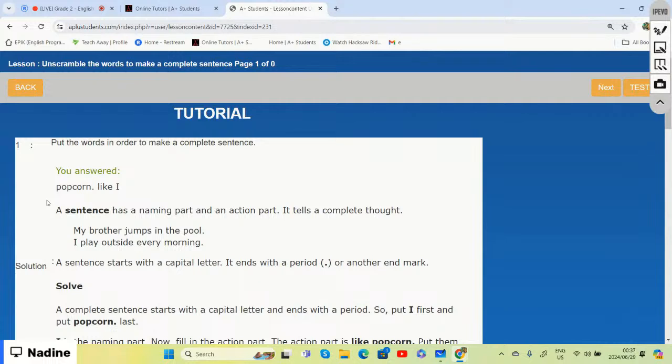And that tells a complete thought. And keeping in mind that a sentence starts with a capital letter and it ends either with a period or an end mark. And an end mark can be a period, an exclamation mark, or a question mark.